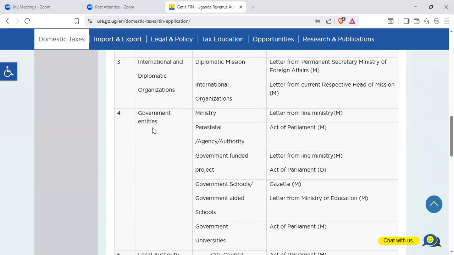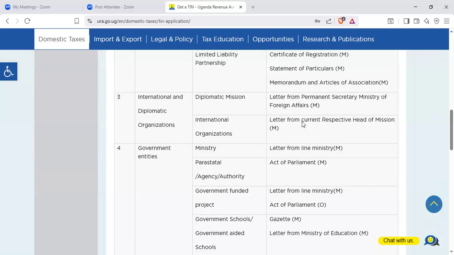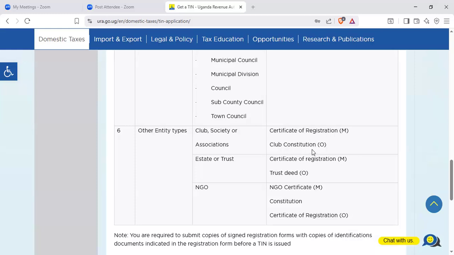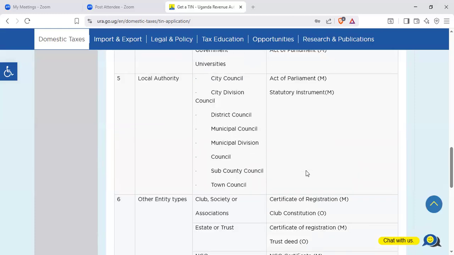If it is a government entity, is it a ministry, a parastatal agency, or authority? Is it a club, a society, an association, a trustee, an NGO? So before you apply, at least first have these requirements with you.